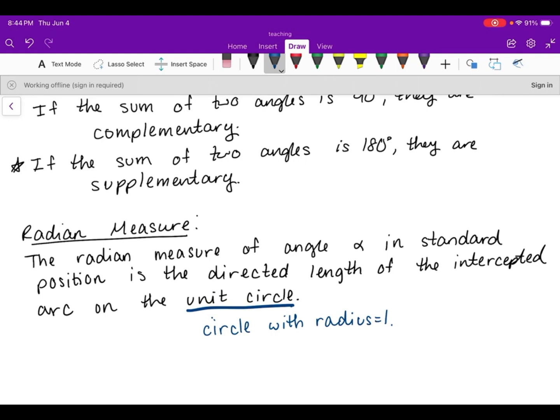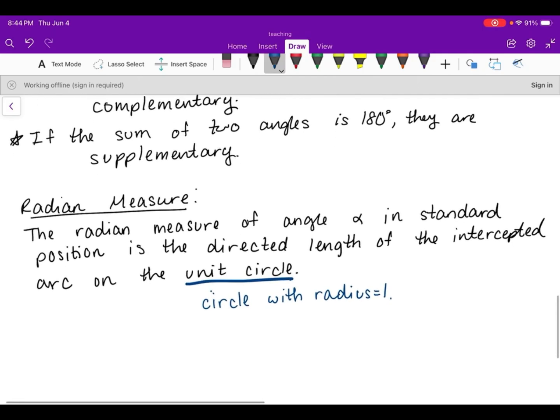Something else I'm wondering if you remember is the circumference of a circle. If you don't, I will write it for you: circumference is 2 pi r.